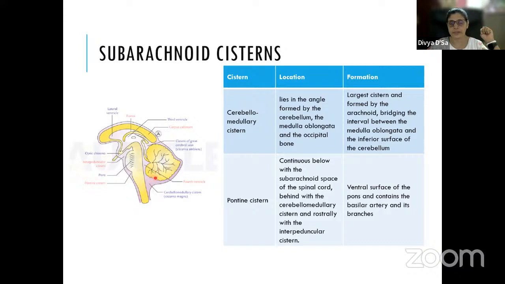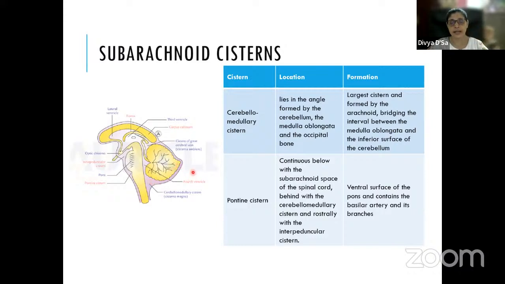So this is the cerebellum and this is the medulla oblongata, and down here will be the occipital bone. So that is the cerebellomedullary cistern. It is formed by the arachnoid mater bridging this gap between the medulla oblongata and the inferior surface of the cerebellum. This is the only cistern which communicates with the foramina of Luschka as well as the Magendie.